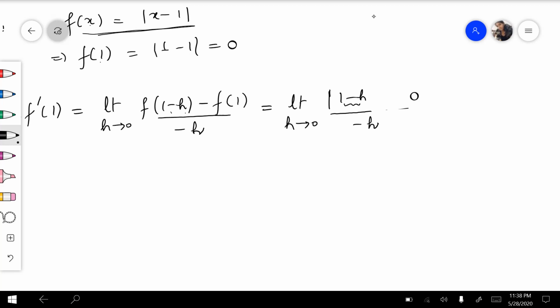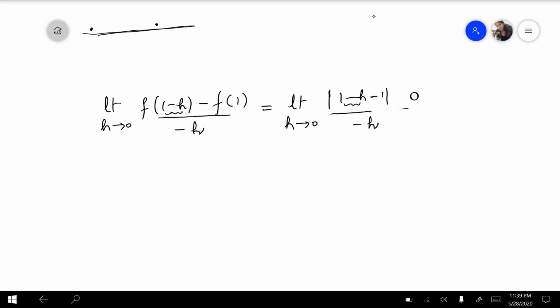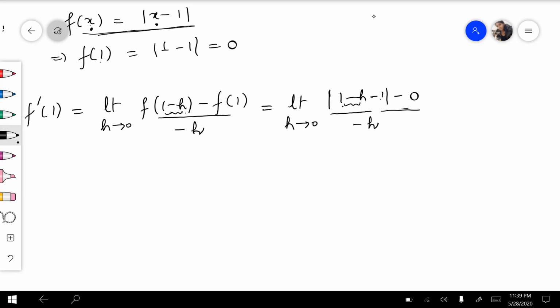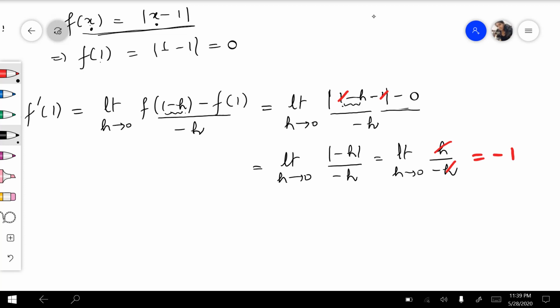So x की जगह पर हमने 1 minus h पुट किया और minus 1 जो वहां पर दिया हुआ, ये 1 और ये 1 कैंसिल हो जाएगा, हमारे पास क्या आ जाएगा, limit h goes to 0 of modulus of minus h upon minus h, which is equal to limit h goes to 0 of h upon minus h. Again h और h cancel, so this equals to minus 1.